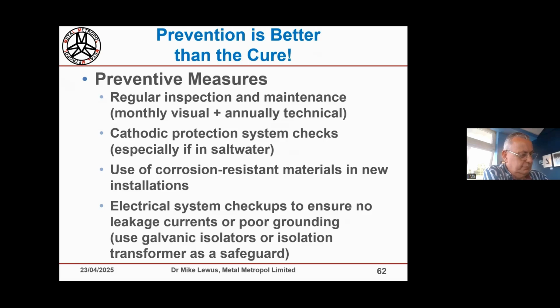So it's not isolated. Well, anything coming through the earth line is isolated because it's stopping DC current, but it's allowing AC to still flow, if that makes sense. Happy? Yes.